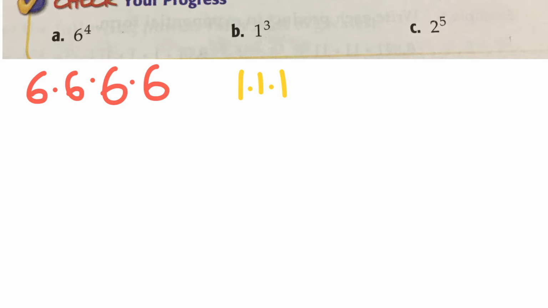It's 5. Pick a number, 1 through 6. The answer is 4. Pick a number, 1 through 3. The answer is 3. 2 to the 5th, how do we write it? 2 times 2 times 2 times 2 times 2. That is correct. Any questions on any of these three?